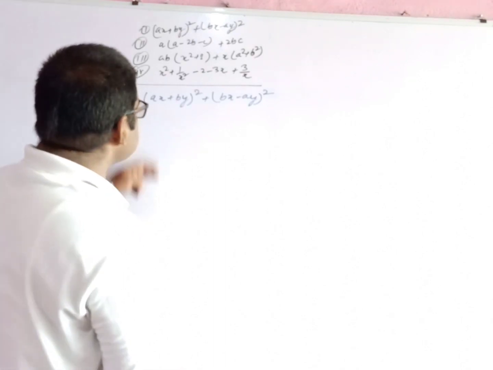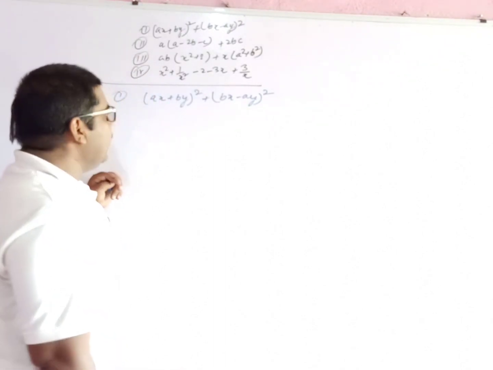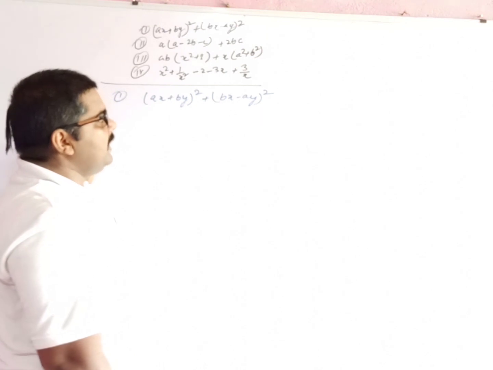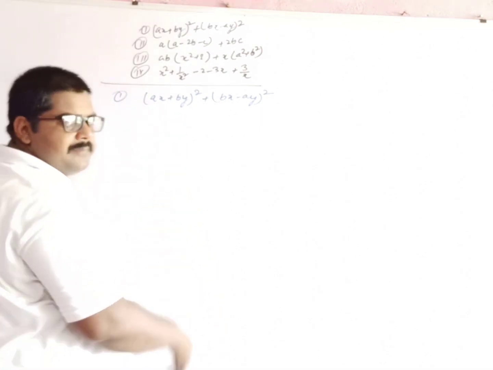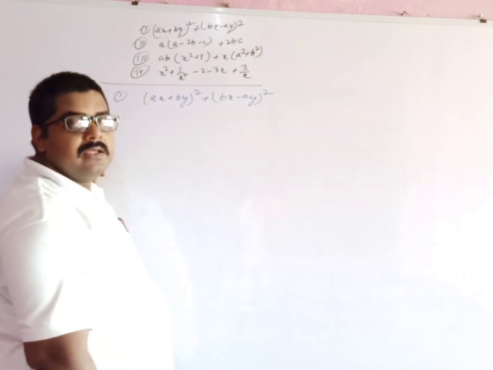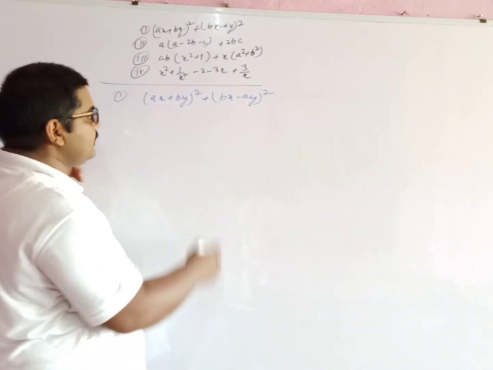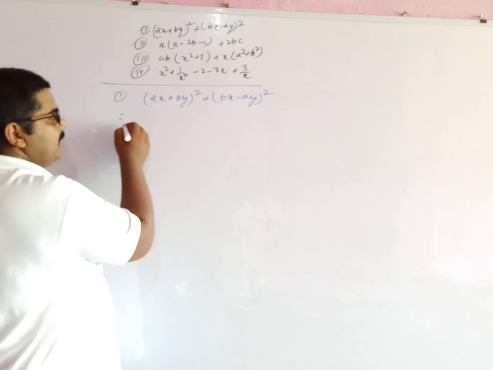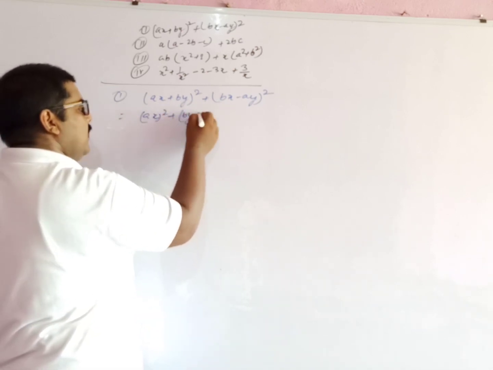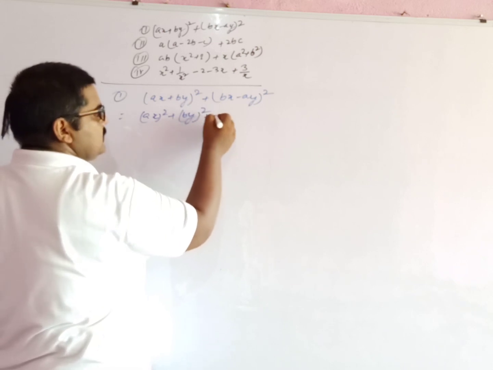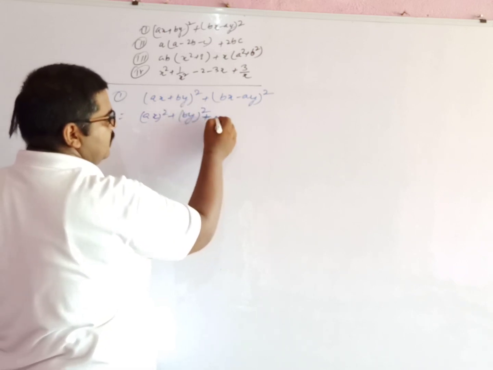My dear student, the first question I have just taken: ax plus by whole square plus bx minus ay whole square. Actually, you have to apply the a plus b whole square and a minus b whole square formulas, which you know very well. A square plus b square plus 2 into a into b, because this is a plus b whole square.